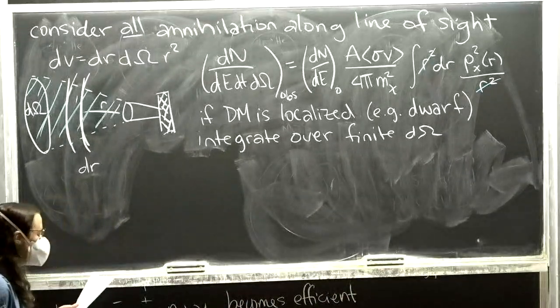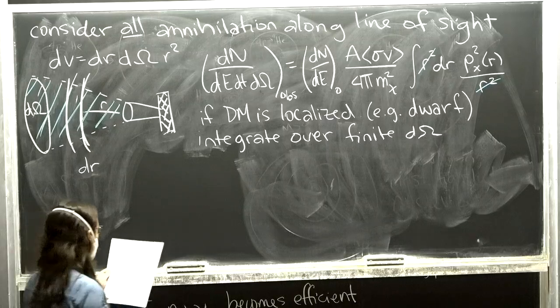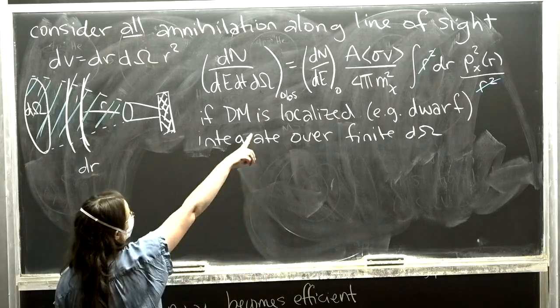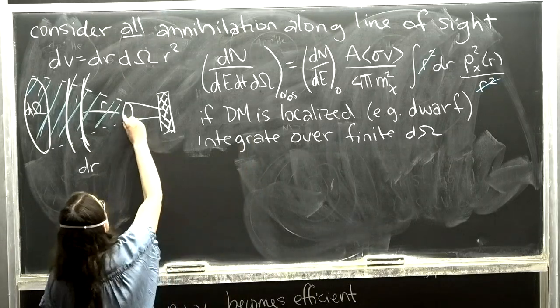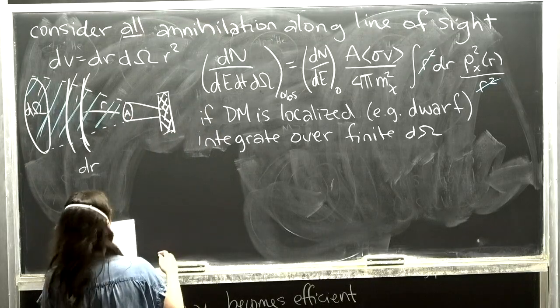Okay, and so if I do that, and then rearrange this slightly, I'm going to move the area of my telescope to the other side for reasons that will make sense in just a moment.